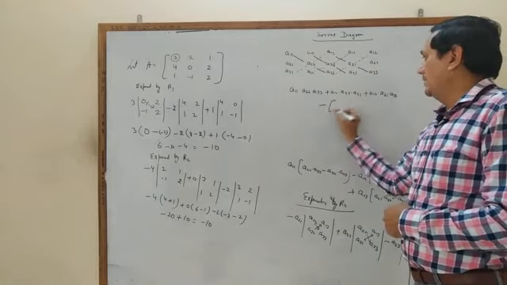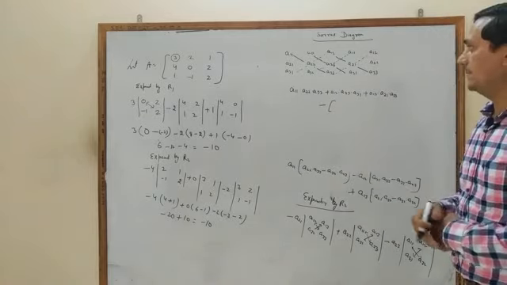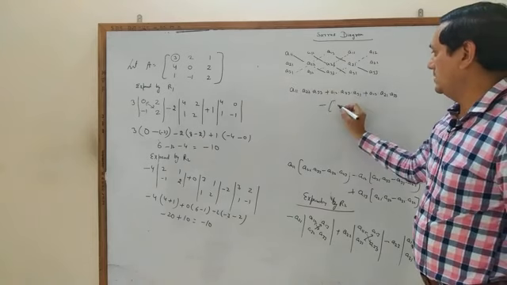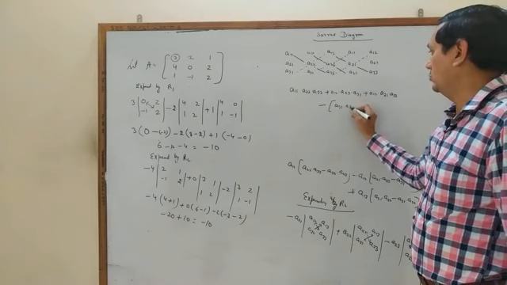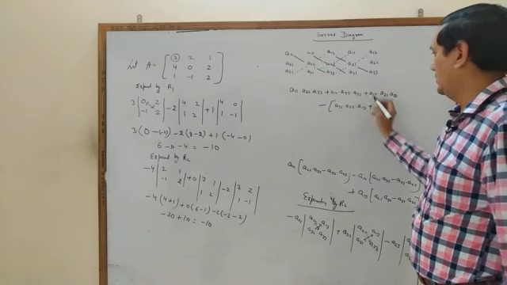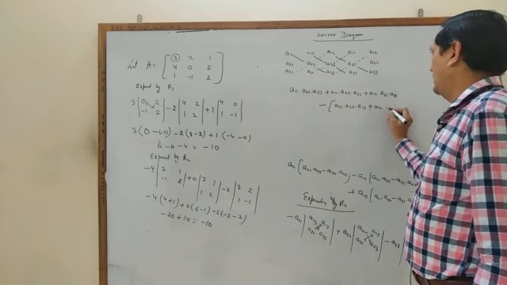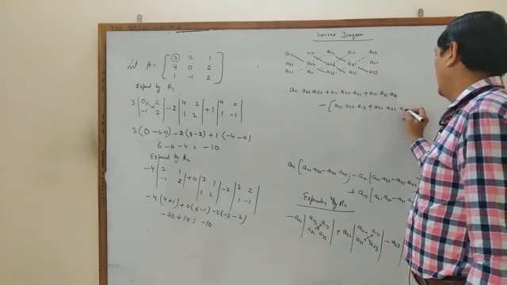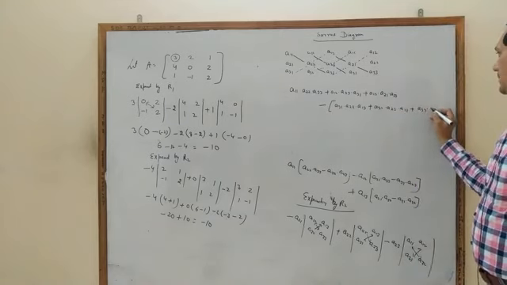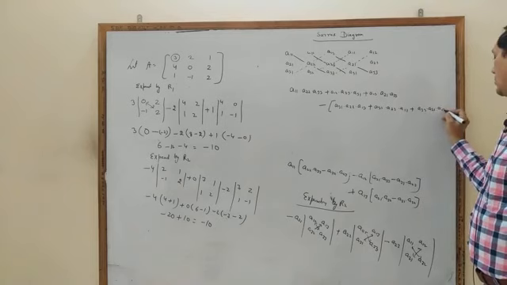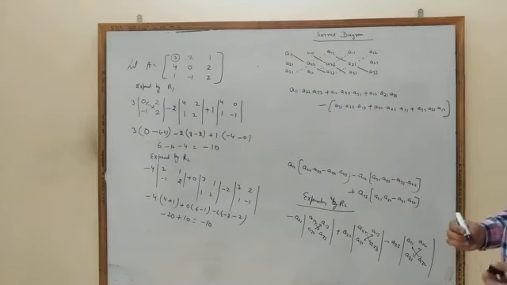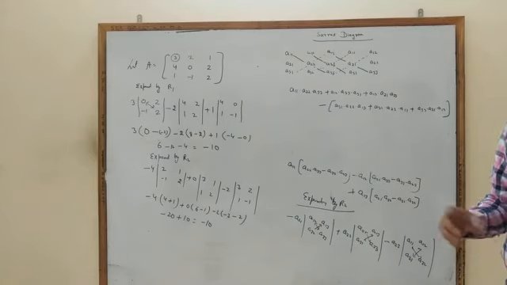Now put a negative sign, and the same process is taken. A31 multiply by A22 multiply by A13 plus A32 multiply by A23 multiply by A11 plus A33 multiply by A21 multiply by A12. You have to cover all the elements which come into a dotted line.